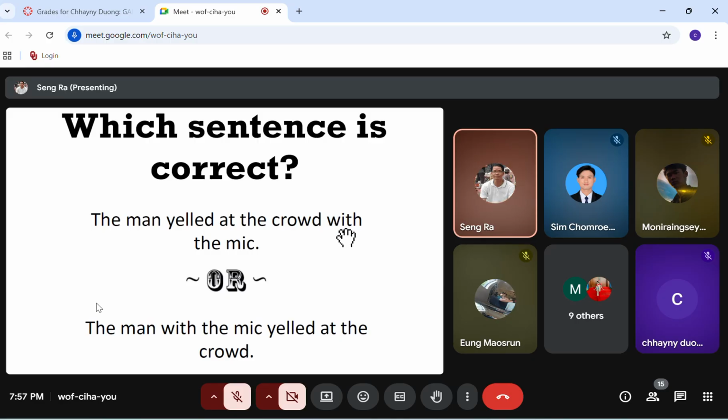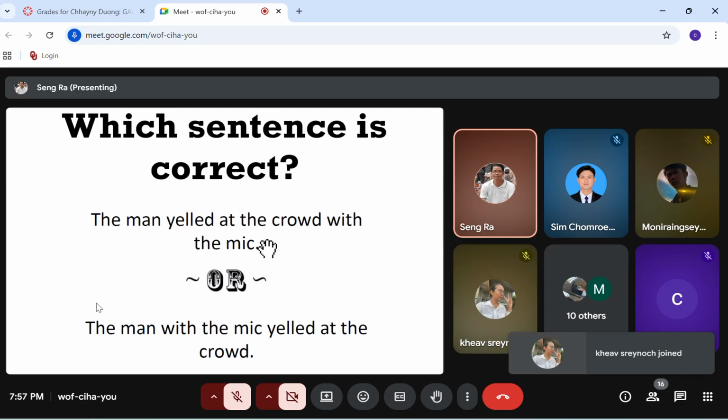So the rule is that with the microphone is an adjective modifier. You should put the modifier as close as possible to the noun that it modifies.